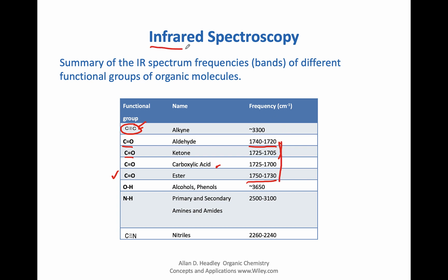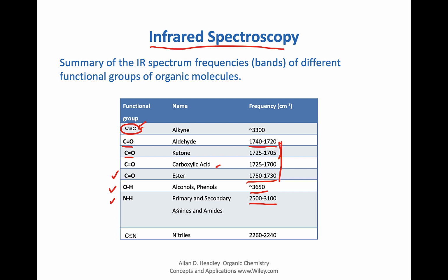the infrared spectrum. The OH is a very prominent one if it exists in a molecule, and it exists around 3600, 3650. The NH is another prominent one. It exists around 3000.